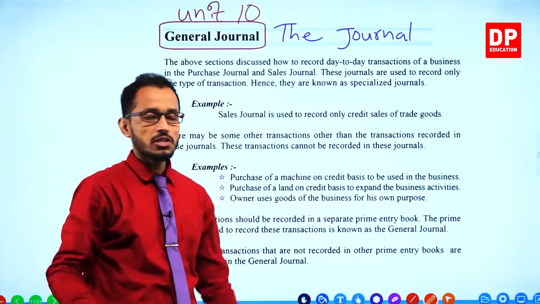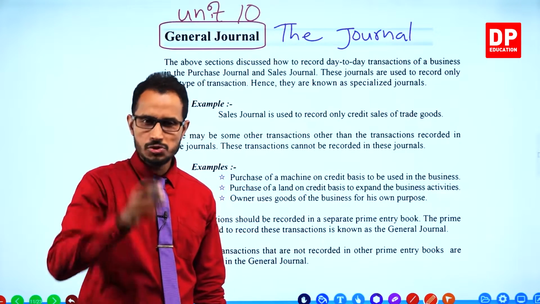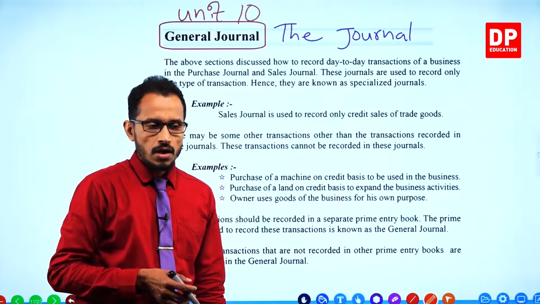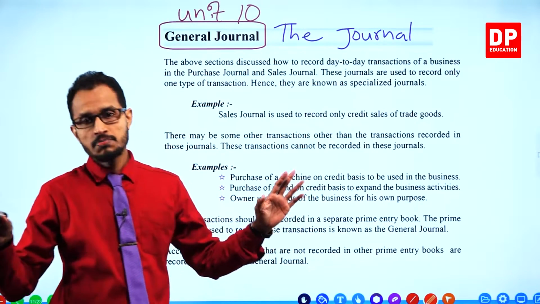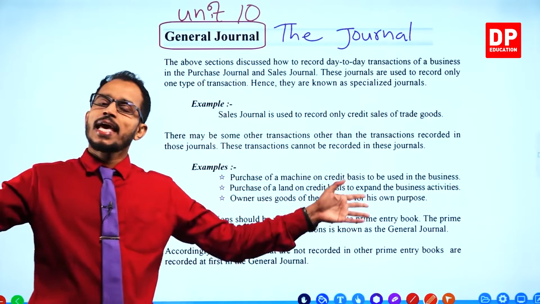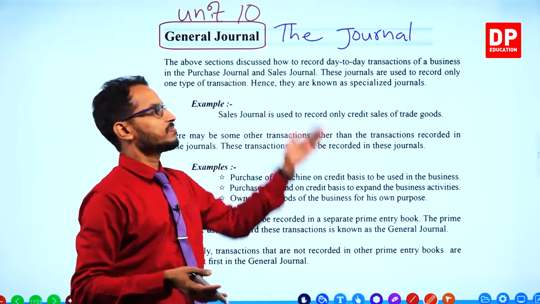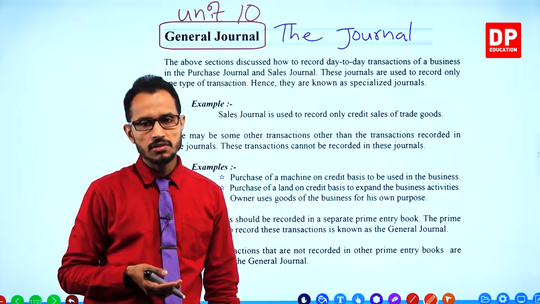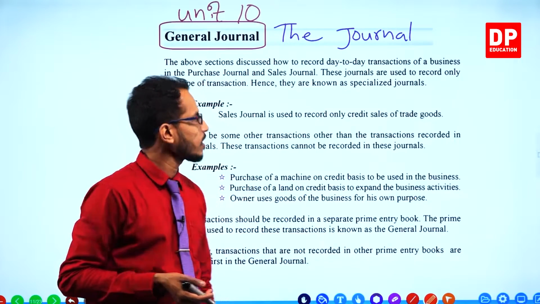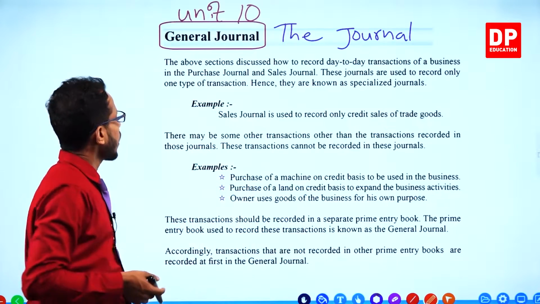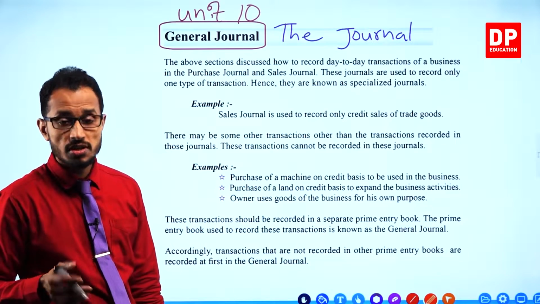You can call it the General Journal or the journal, but in your national O-level syllabus, you must use the name General Journal. Let's look at what the General Journal is.